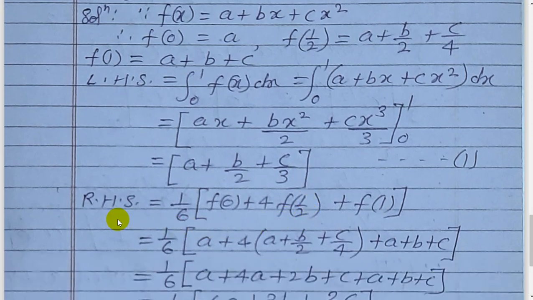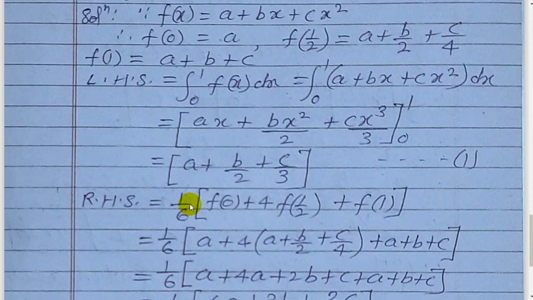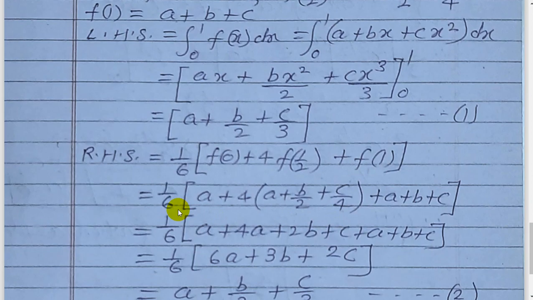Now taking RHS of the question. So the right hand side of the question is 1 by 6 times f of 0 plus 4 f of half plus f of 1. Therefore, it can be written as 1 by 6 as it is, f of 0.